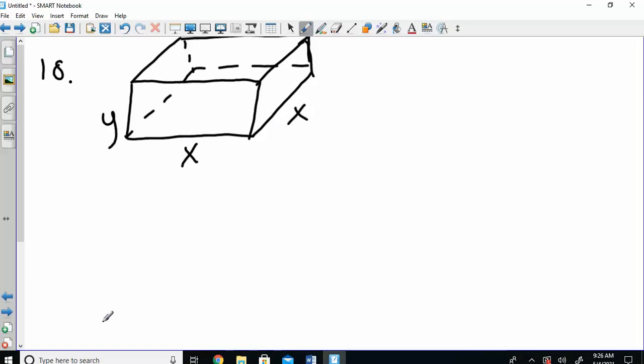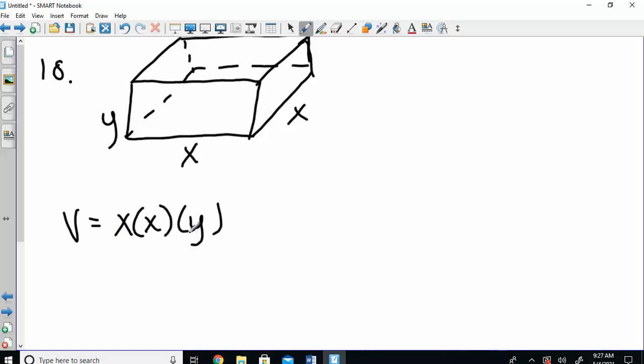I don't know how tall it is. I'm going to call that y. The material for the top and the four sides costs $1 per square foot. The material for the base is $2 per square foot. Find the dimensions of the box with the greatest possible volume if you are allowed to spend $144 for the materials. So volume is length times width times height.